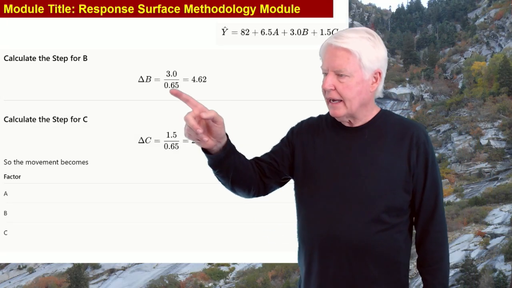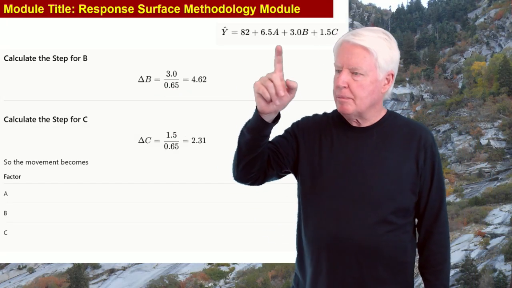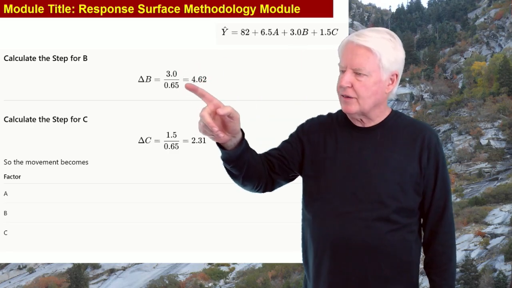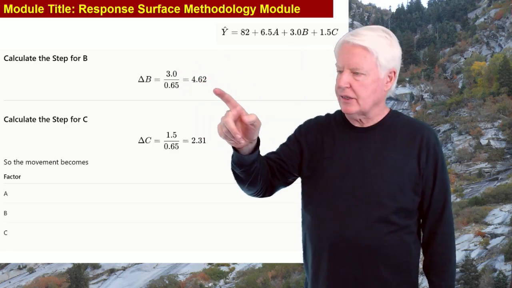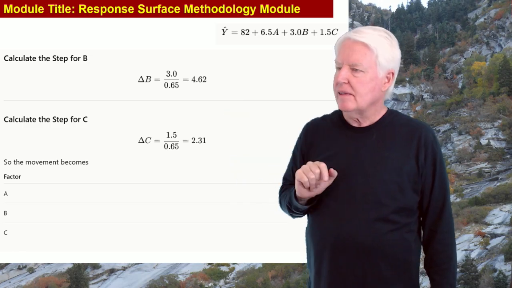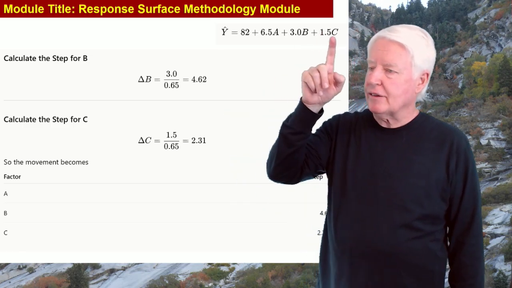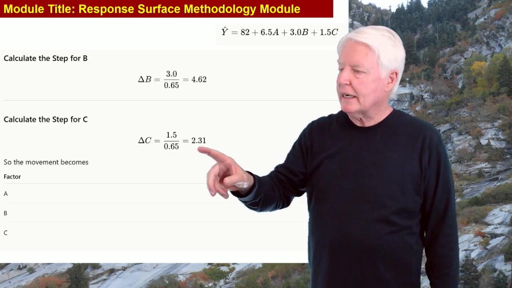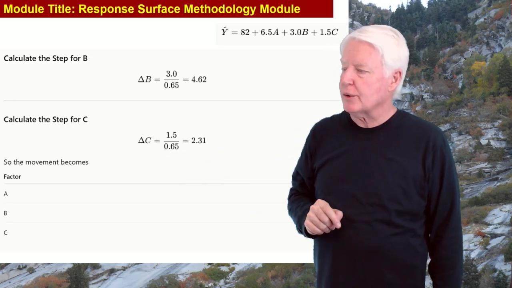And change in B is going to be 3 divided by 0.65, which is 4.62. Let's do the same thing with variable C, 1.5 divided by 0.65. We're going to change that by 2.31.